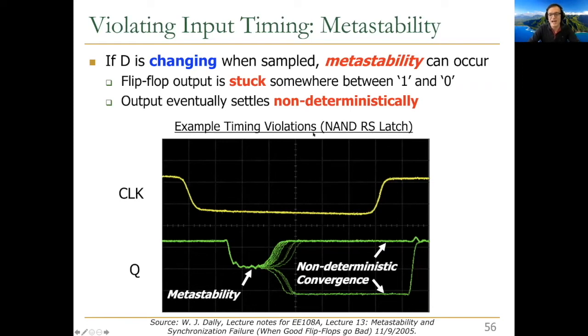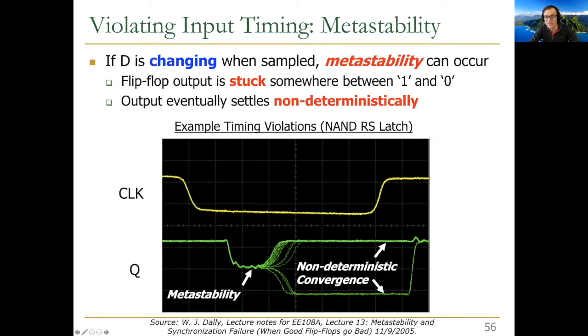This is from a NAND RS latch, and this is a real simulation. You can see that the clock changes and Q changes, because the data is not shown over here, but fine. After the clock changes, Q changes, but it settles to some value between 0 and 1. So assume that this is 1, assume that this is 0. And you can see that it settles to some value between 0 and 1 for some time.